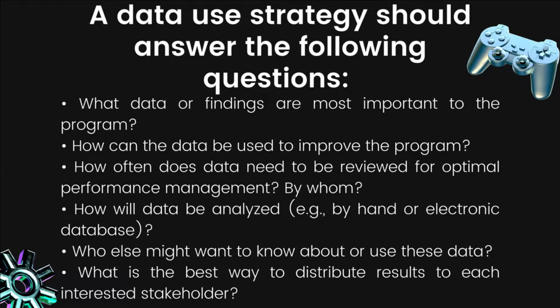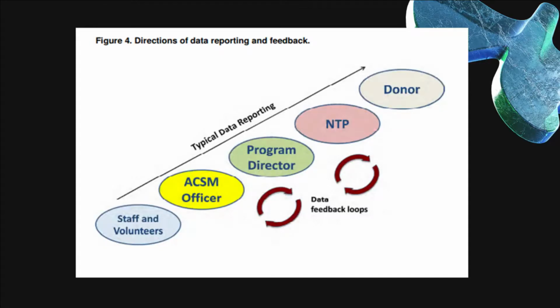These questions should be answered as part of the data use strategy on how much we needed our data to be distributed among the stakeholders. As you can see in the figure, the directions of data reporting and feedback, we are actually having a diagonal line wherein the staff and volunteers, the ACSM officer, will give it to the program director, then to the NTP, and to the donor.